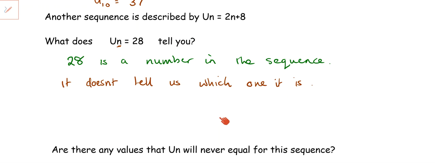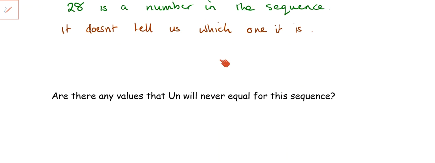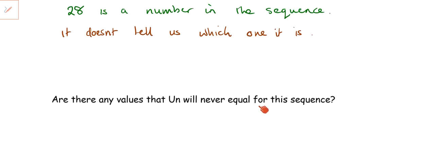But before I get there, are there any values for Un that Un will never equal for this sequence? So what I mean by that is we know that Un equals 2n plus 8, right? And we're saying that Un equals 28 is a number in the sequence. Is there any number that it will never be? So could I just write Un equals 15?